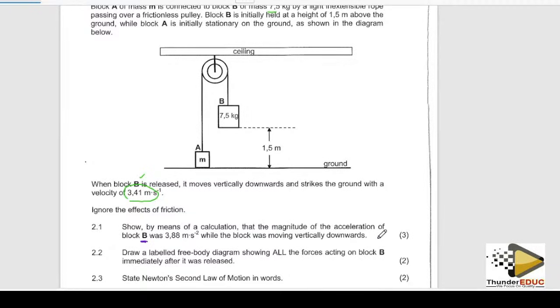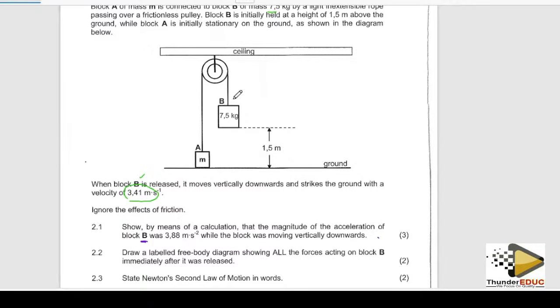So what I can see is that if our focus is on block B alone, then we shall assume something like a free fall in that case, where the motion is entirely under the influence of acceleration due to gravity. It's more like a vertical projectile kind of scenario, okay?